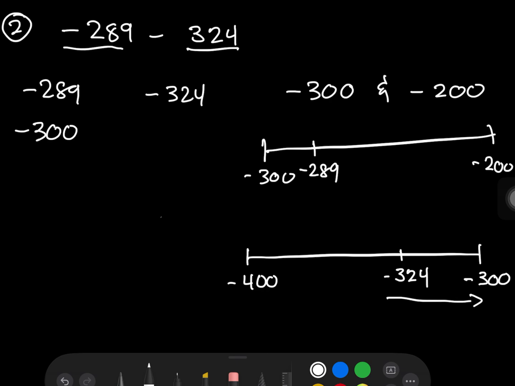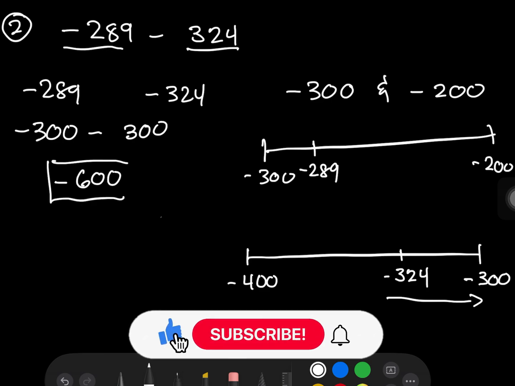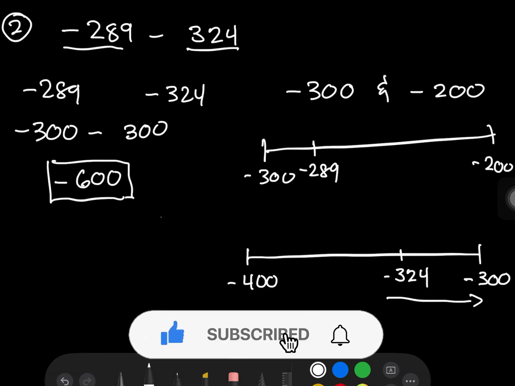So 324 is closer to negative 300, so we can say negative 300. When we add two negative numbers, we add the numbers and then just copy the sign, remember? So we have negative 600. This is the approximate value of negative 289 minus 324.